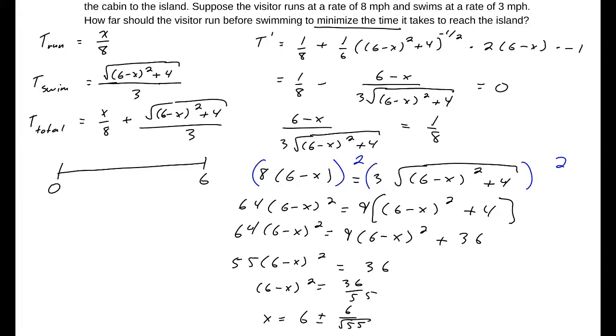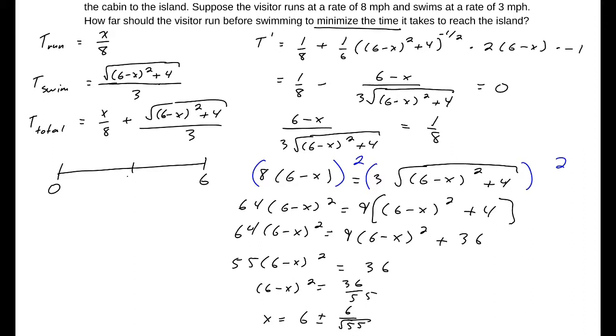They can't run any farther than 6 miles for what we're trying to accomplish. So that means we have these two values, 6 plus or minus 6 over square root of 55. And in fact, 6 plus 6 over the square root of 55 is outside of our domain, outside of 6. So you're only interested in 6 minus 6 over the square root of 55.